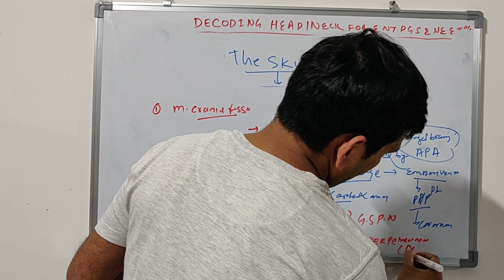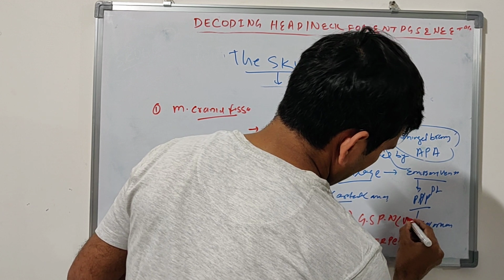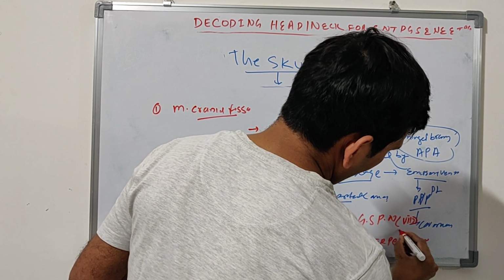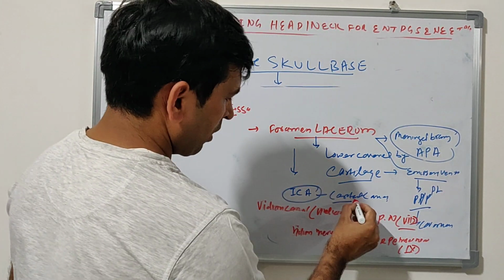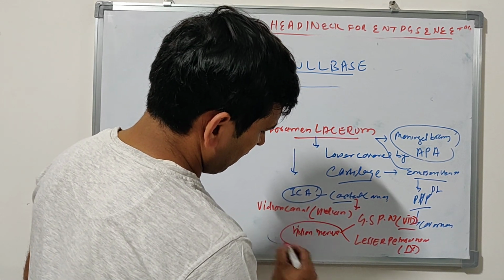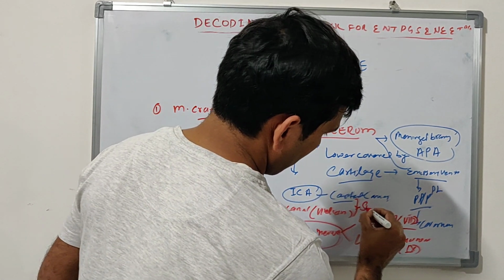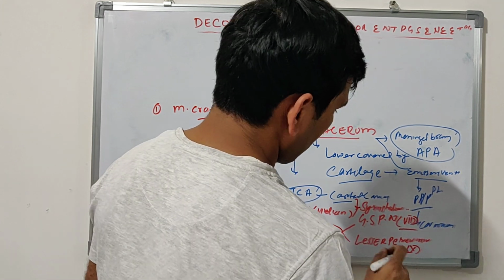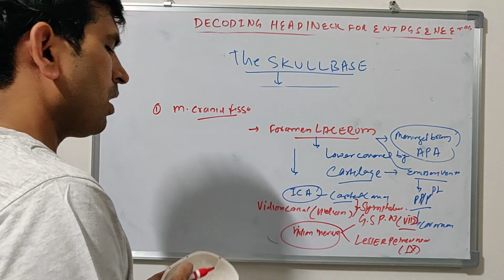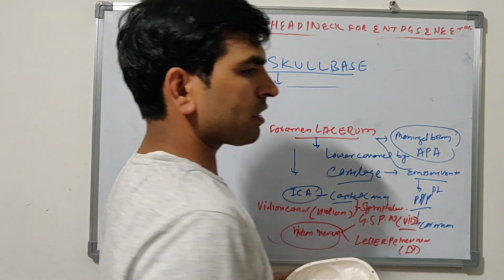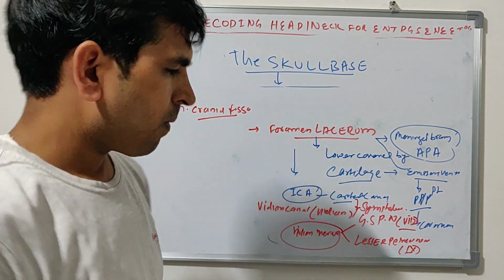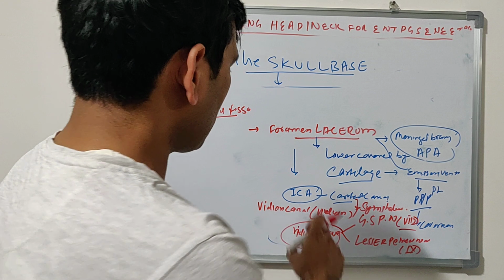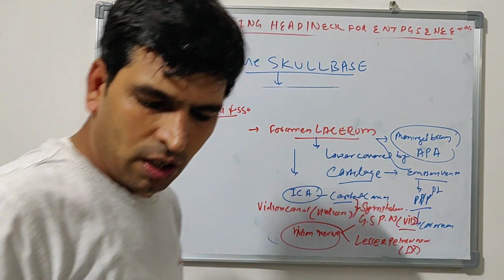One is a branch of the 9th, the other a branch of the 7th, and the sympathetic plexus around the carotid forms the Vidian nerve. So the Vidian canal has the Vidian nerve and the sympathetic plexus around the ICA, the internal carotid artery.